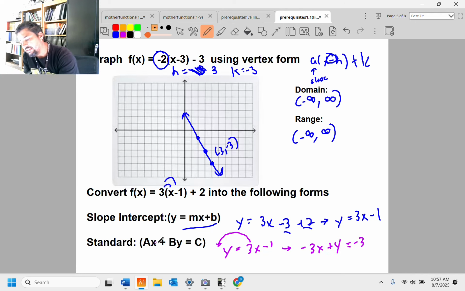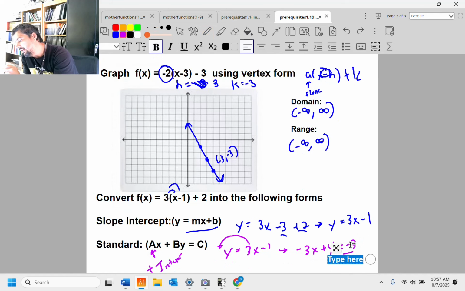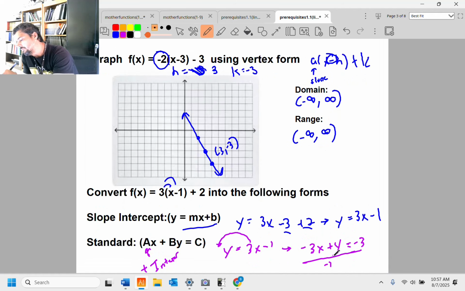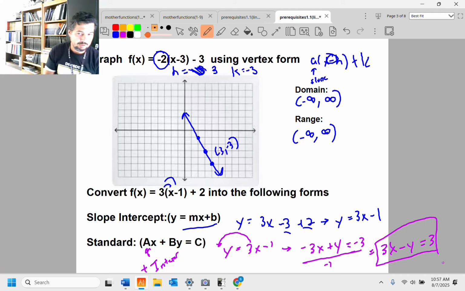And again, this guy right here is a negative integer. I can fix negativity by dividing everything by -1. And that will give me a positive 3x minus y being equal to 1. And that is my general or standard form of that line.